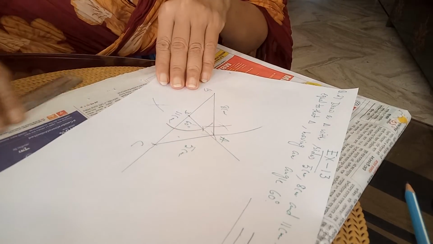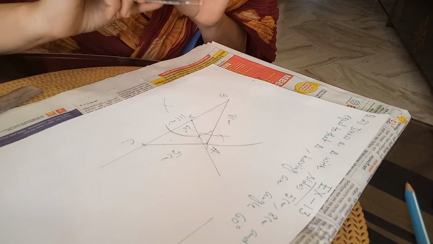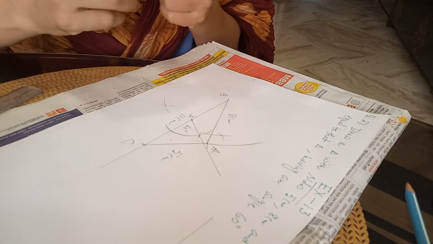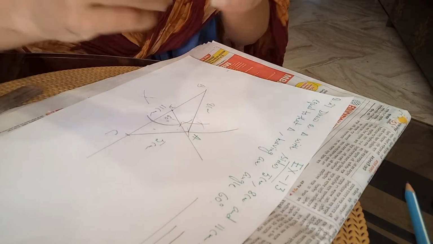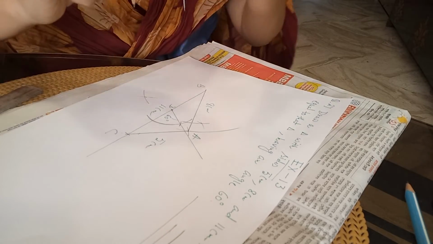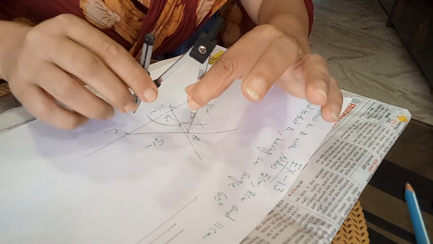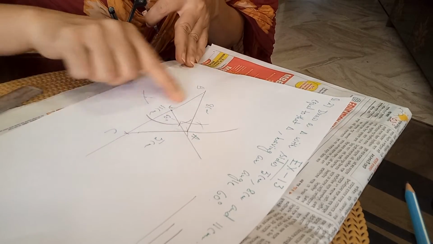We have to draw a parallel line which is parallel to BC. So there are many methods. Alternate angles you can draw equal, or what I am doing now. See, I am placing the compass at A. Then what is the opposite side of BC?